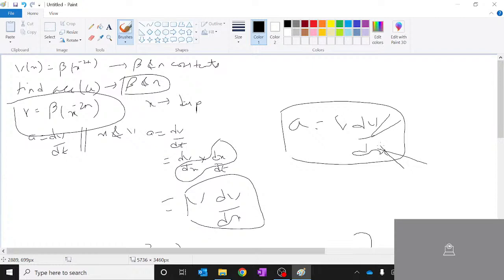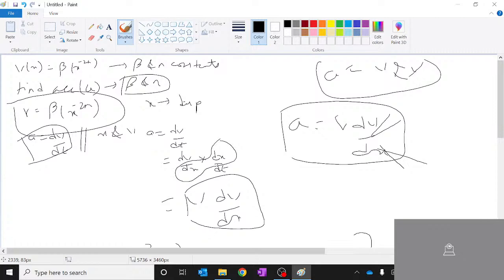So do not make the mistake of directly differentiating with respect to t, because it is not expressed in terms of time t. Only if it is given with respect to t do you use dv by dt, and then it's a simple straightforward answer. Because it is not, you are supposed to convert the acceleration in terms of v and x.